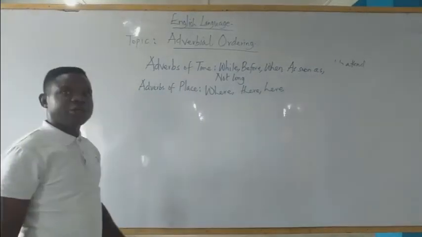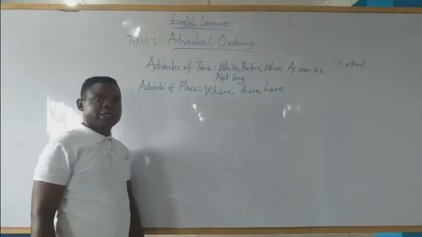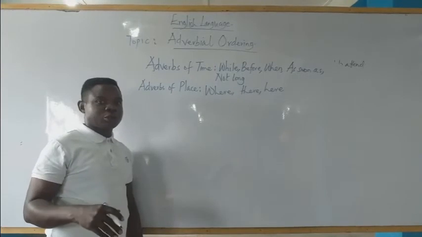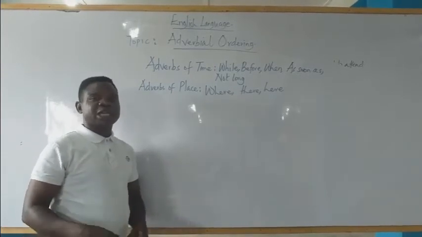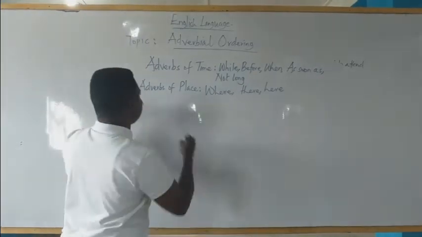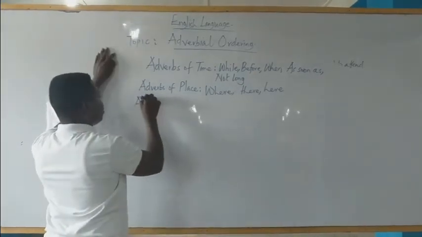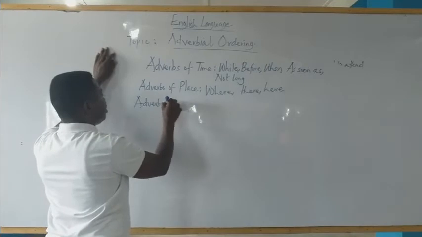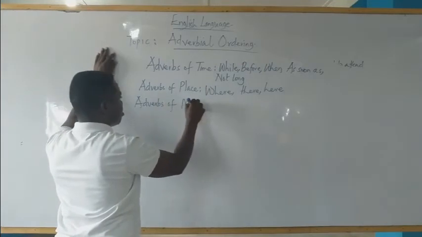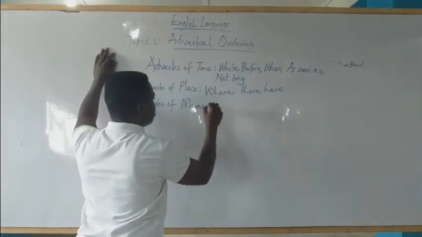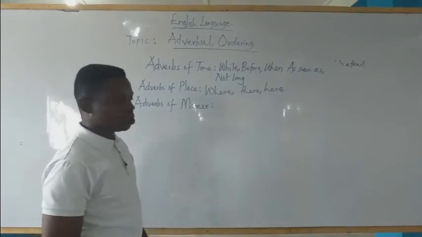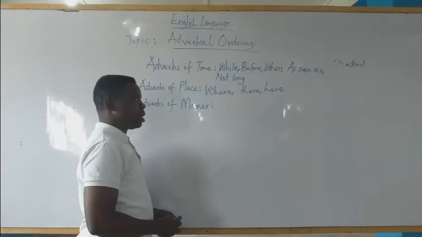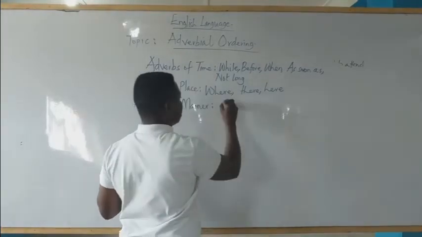You can see that all these are showing a specific location or place, so they are categorized as adverbs of place. Number three, we have adverbs of manner: words that show how things are being done. Adverbs that show manner include, we have as if.